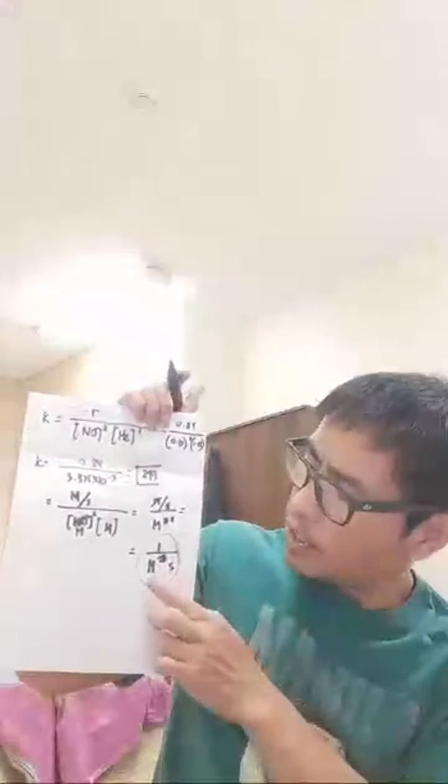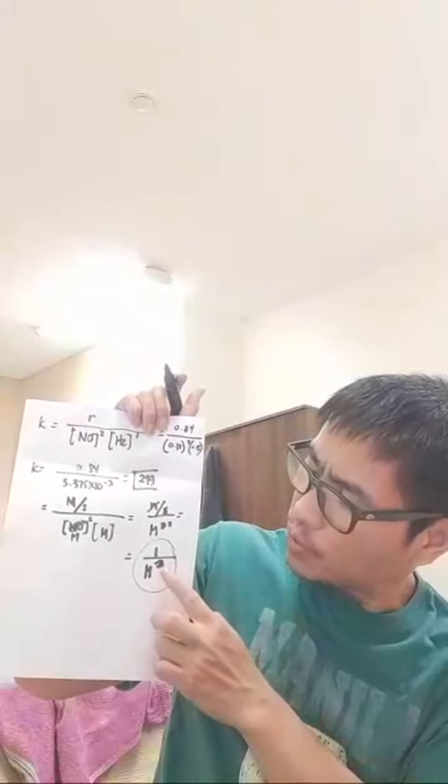So your answer will be 1 over M squared per second. This will be the unit of your K, 1 over M to the 2 times S.